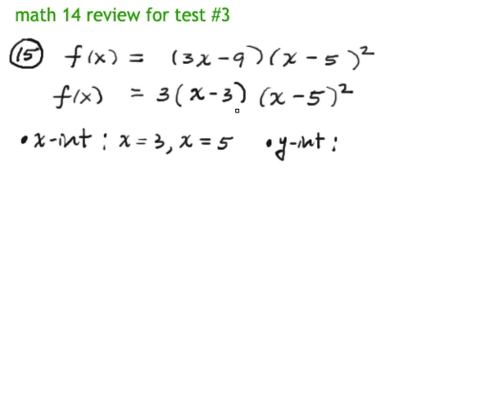Substitute in x equals 0, and we have 3 times minus 3 times minus 5 squared. That's equal to minus 9 times 25. So that's minus 225.